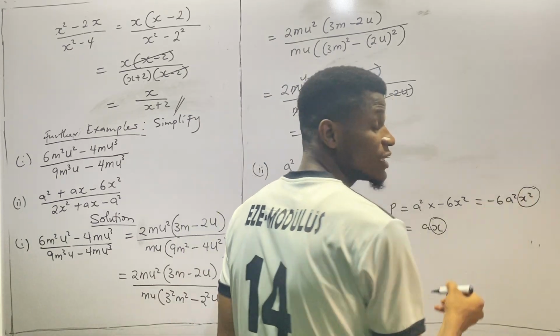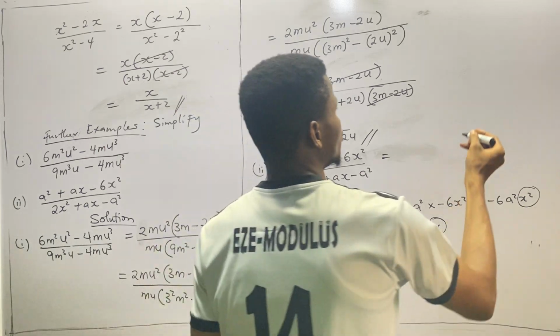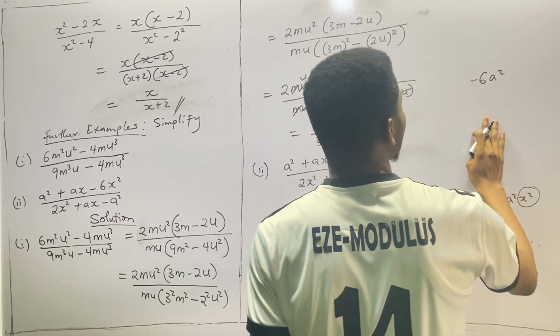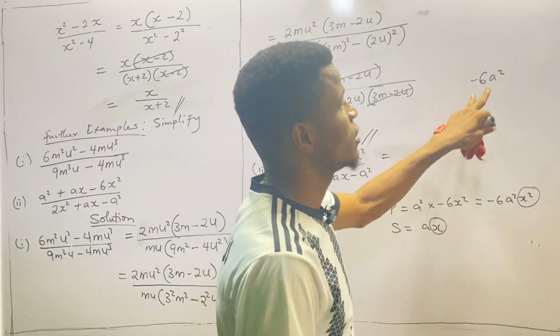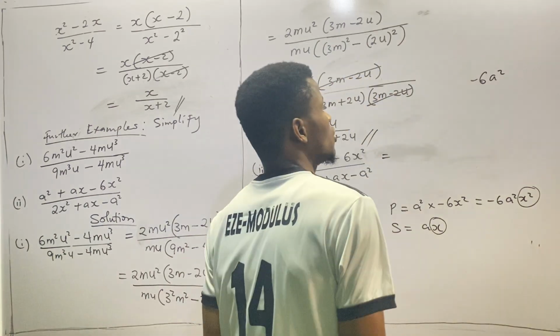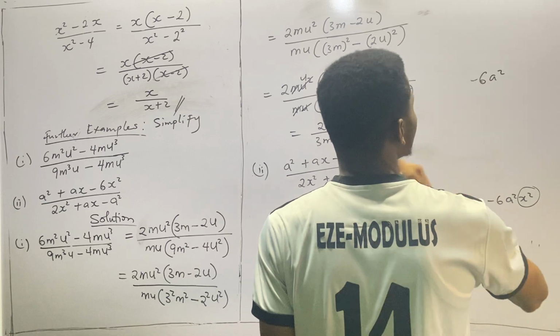We are using the constant here as our numbers of evaluation. So we start with minus 6a squared. Let's find the two numbers that, when you multiply them, give you this.